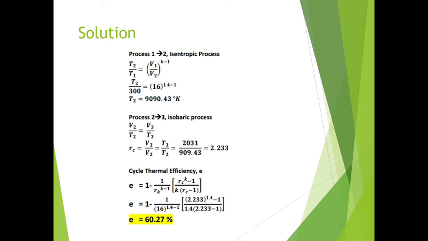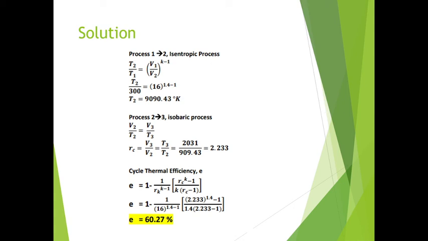we can already solve for the cycle efficiency, from the given formula, which is efficiency equals 1 minus 1 over the compression ratio raised to the constant minus 1, multiplied by the quantity of the cutoff ratio raised to the constant, minus 1, divided by the constant times the cutoff ratio minus 1.